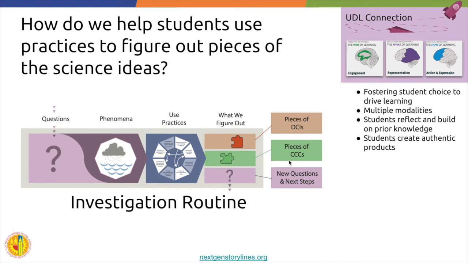And with the cross-cutting concepts, the CCCs, we're talking about patterns. How do we identify patterns? How do we help students identify patterns? How do we help students to construct ideas around structure and function, and seeing that across different disciplines? So these are cross-cutting concepts.